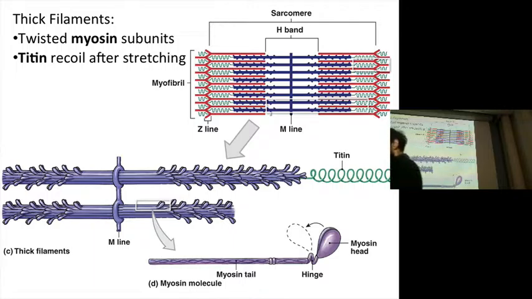It's sort of like a space-age golf putter, where there's a spring loaded. You don't even need to move your arms. The head is going to move of its own accord. It's this head that's going to come into contact with the active site on F-actin and lead to the contraction. We'll see how that works in a moment.